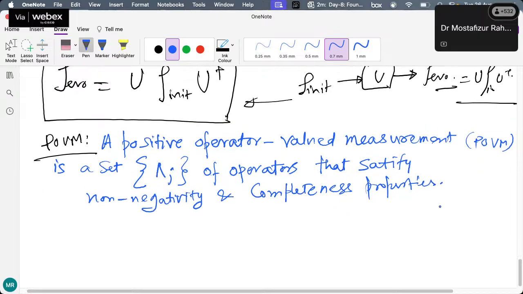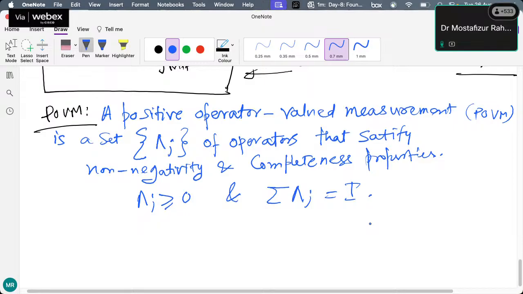That means if I have a set of measurement operators, lambda j, for example, they have to be non-negative, meaning positive semi-definite. Basically lambda j is greater than or equal to 0, and the sum of these lambda j should equal the identity matrix.